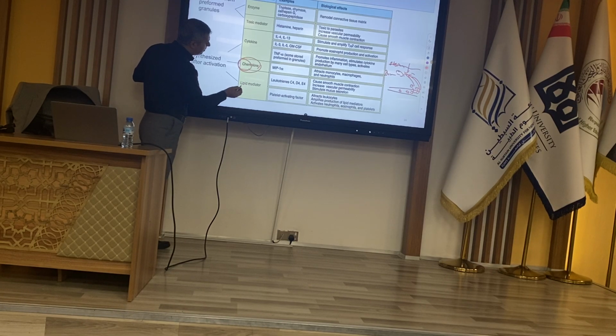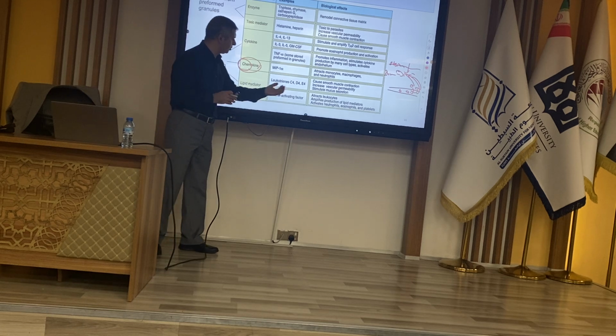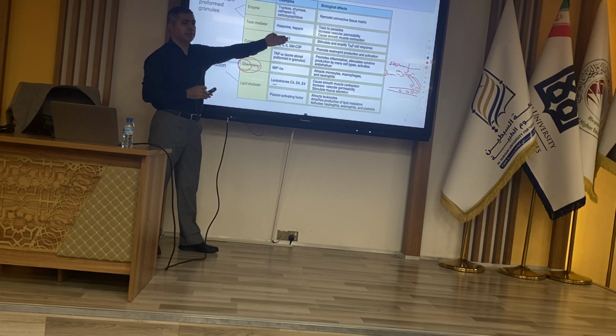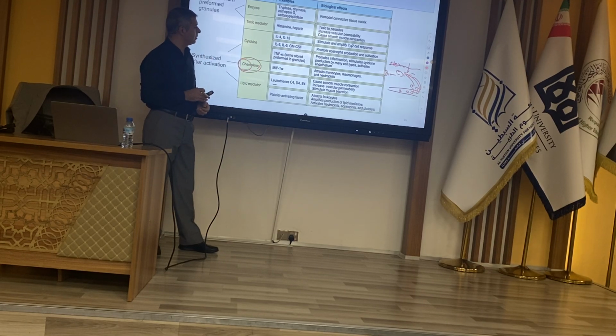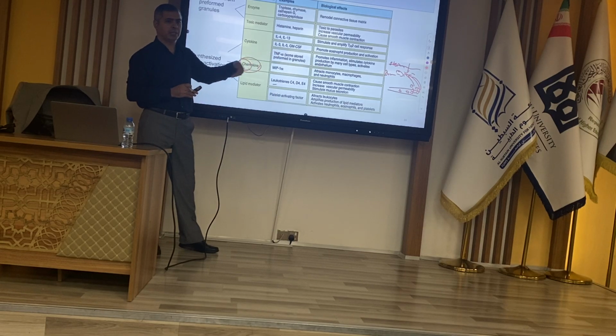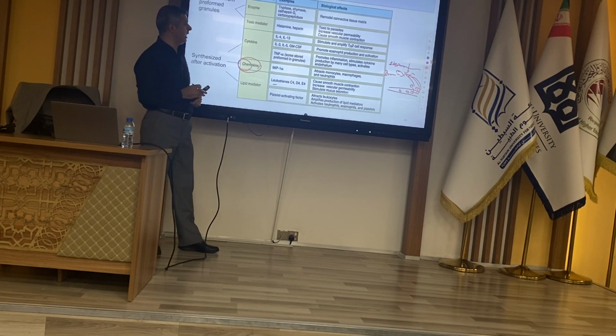And lipid mediators, including different leukotrienes, some prostaglandins and platelet activating factors, and different kinds of cytokines: interleukin 4 and 13, they are type 2 cytokines, interleukin 5 that activates eosinophils, and TNF alpha, a pro-inflammatory cytokine that induces the inflammatory reactions.